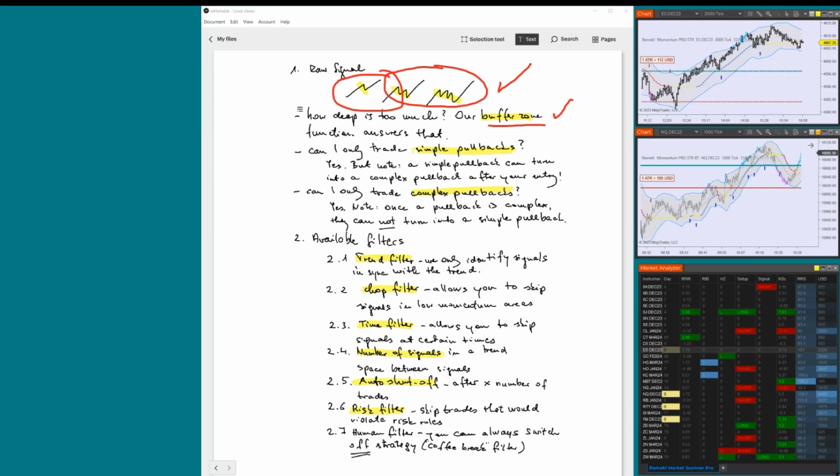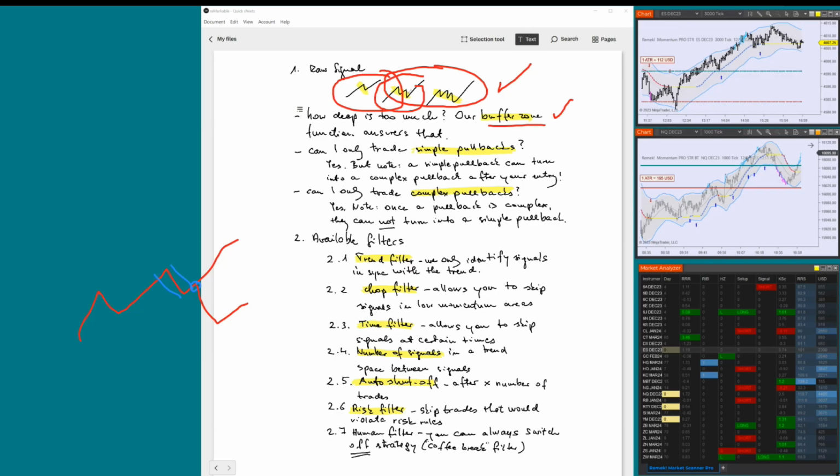Now, the next question becomes, well, the harsh reality of trading is that when I consider trading a pullback, as each of us knows, what happens often is that I beautifully enter a trade to the long side, and gee, as soon as I enter the long trade, the market does this, which means, in other words, that the simple pullback that I entered is turning into a complex pullback.